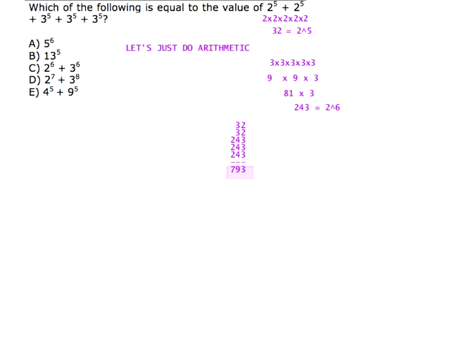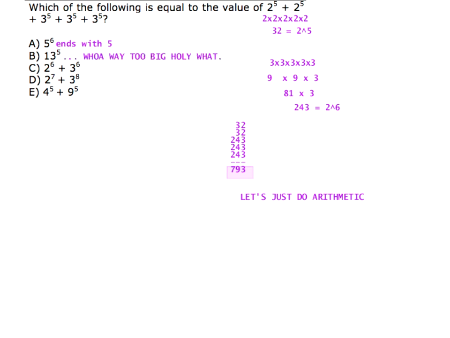All right, well, this is going to end with 5, so that's not going to be 793. 13 to the 5th, I can take one look at this and say, way too big. 13 times 13 is already 169, and I have to multiply that by 3 more 13s.